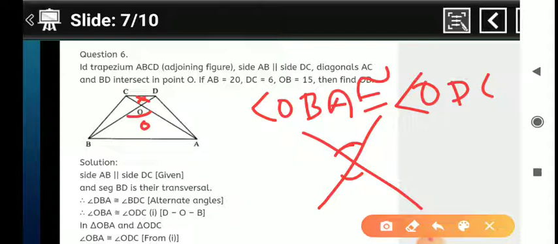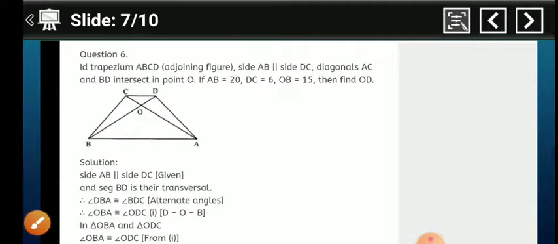So triangle OBA becomes similar to triangle ODC by the test of similarity.